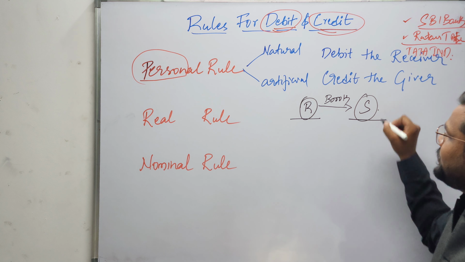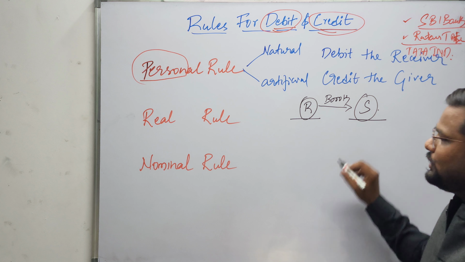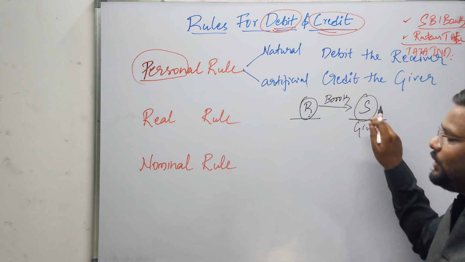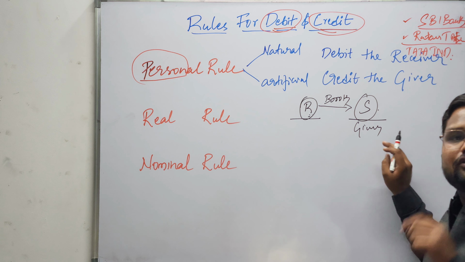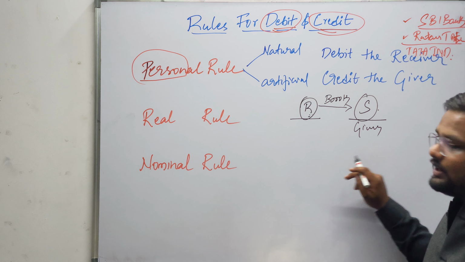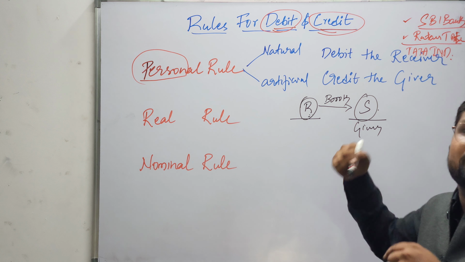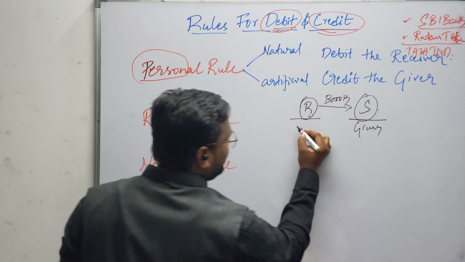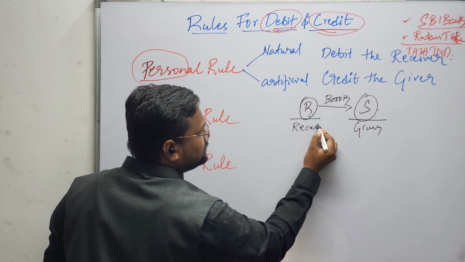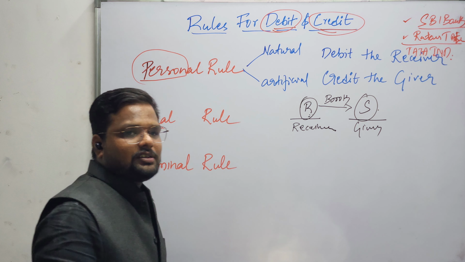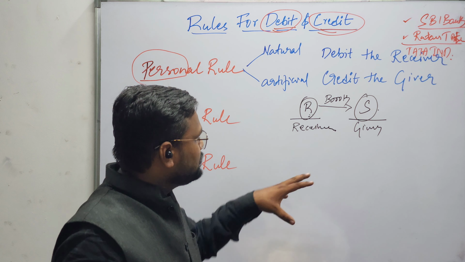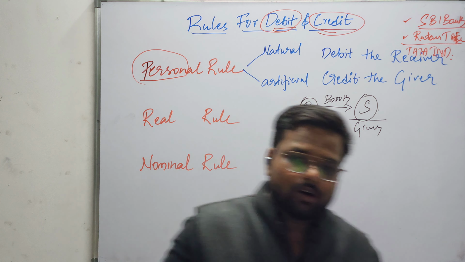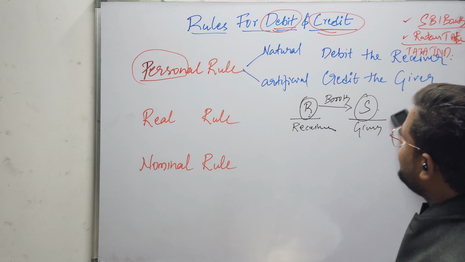Suresh is giving the book, so he is the giver. And Ramesh is receiving the book from Suresh, so he is the receiver. I took this example just to tell you the receiver and giver, but this example is not correct. I'll give you the correct example now.